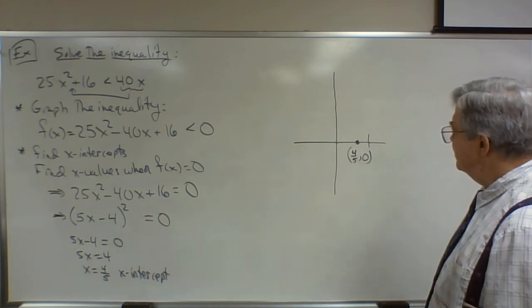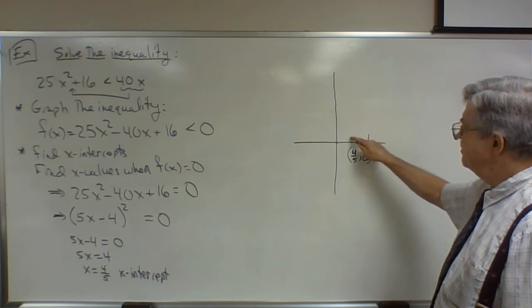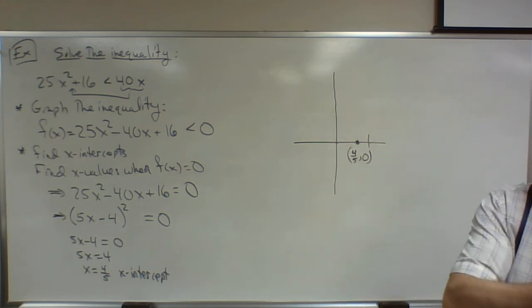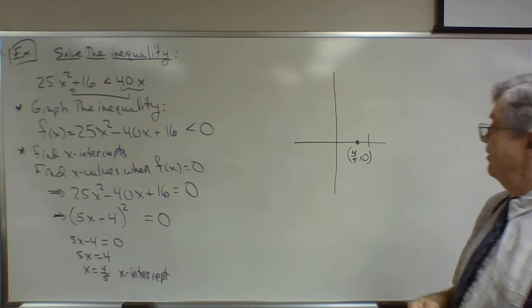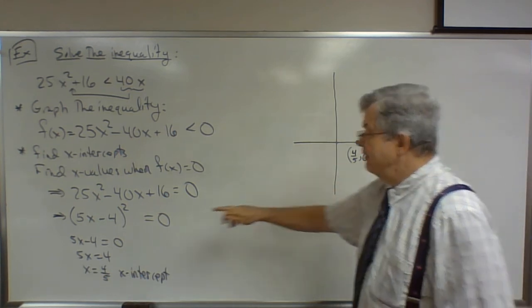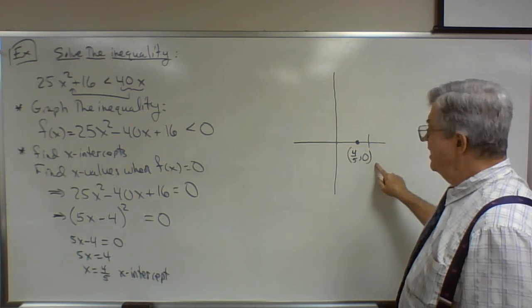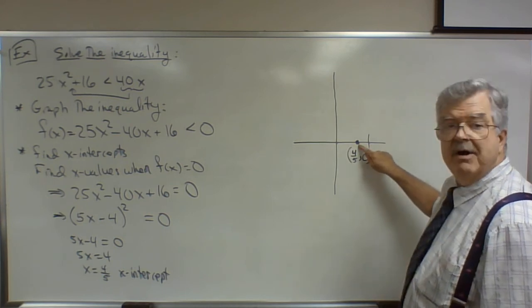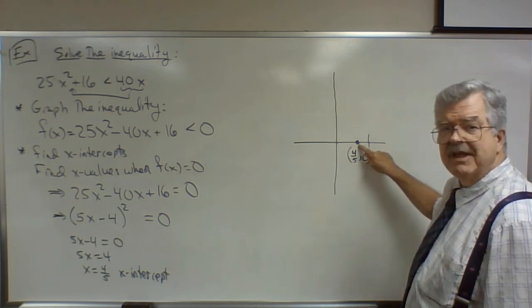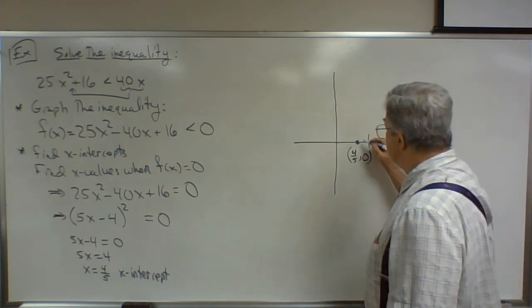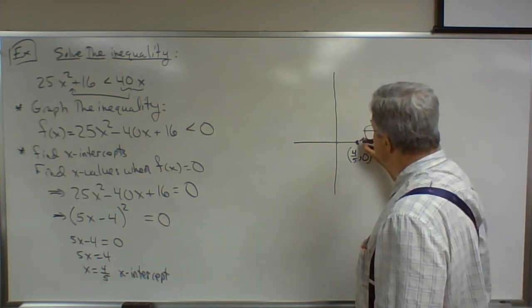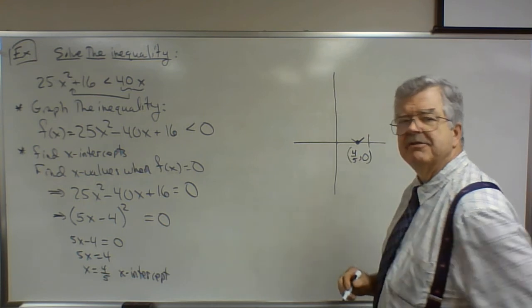So the rest of the graph has to be above the x-axis. No part of this graph can drop below the x-axis. And this is the only part of the graph that touches the x-axis. So the rest of the graph has to be above the x-axis.